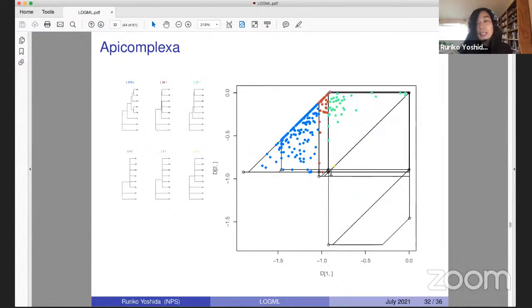And again, this data set is coming from my friend. So I talked to my friend about the result, and they really like it, because these three topologies are the most common ones on a projected tropical triangle, and actually this is the known species tree for the apicomplexa. So this is a good result.